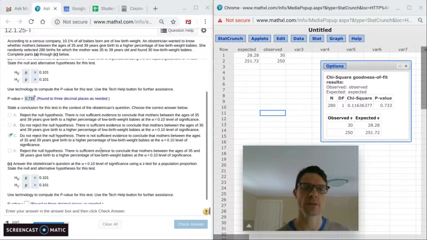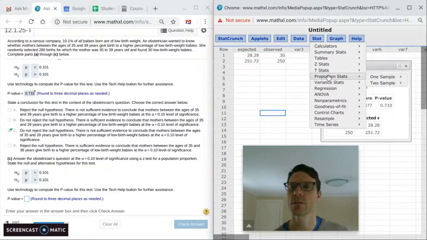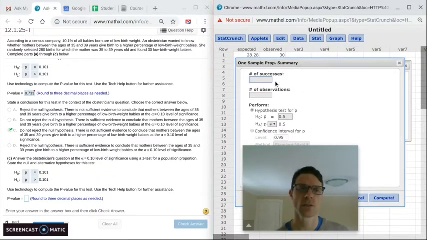There's not sufficient evidence. On the second one, they ask us to rerun the same hypothesis test, but this time use technology to compute the p-value. They want us to do it with the z-test for population proportion. This is what I was saying is what my intuition would be for doing the problem all along. They call it the z-test because it uses the normal distribution, with summary. So this is just the number of successes, 30.